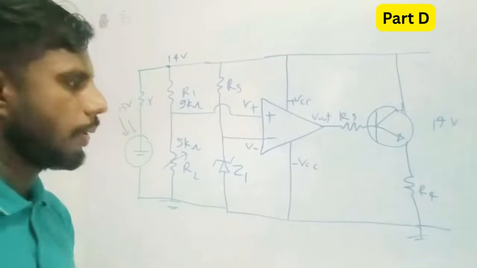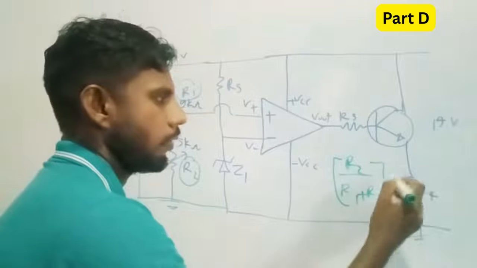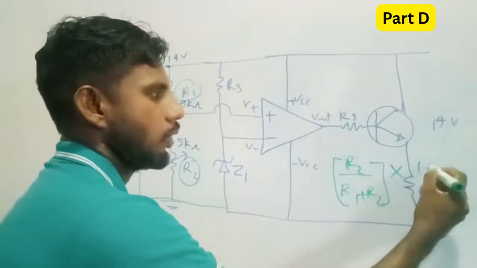So just write, using the voltage divider method, finding the potential at the positive terminal. The ratio we need to consider is R2 divided by R1 plus R2. That's the fraction. We multiply that fraction by 14 volt, and we get the V positive value.